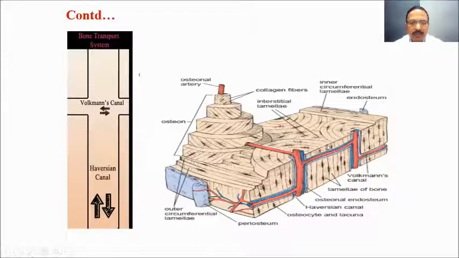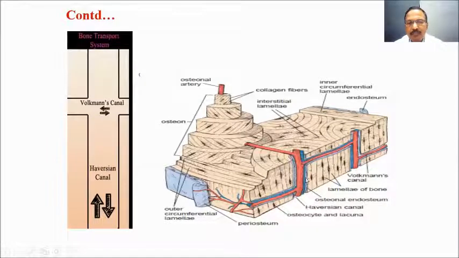So through this Volkmann's canal and the Haversian canal, only blood vessels and lymphatics as well as nerve fibers are reaching the cells, which are otherwise not able to get nutrition by diffusion. As we see in the cartilage, the matrix allows the diffusion of substances, but here, since it is mineralized, it cannot be diffused through the bony lamellae.